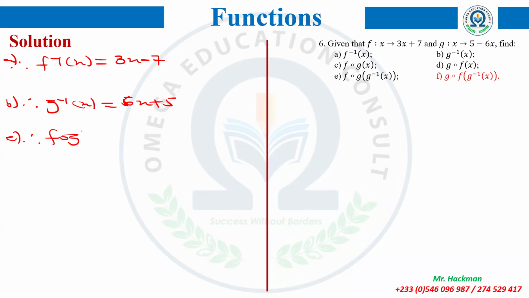Therefore, f of g of x is equal to? Please, Mr. Hackman, the A. I don't know how you got the answer. Can you please solve it for me? Mr. Hoffman, please, I think it's wrong. It's wrong, eh? Okay, so let's do it and see.